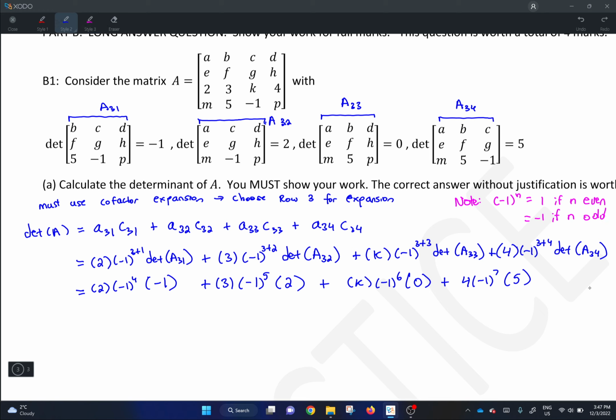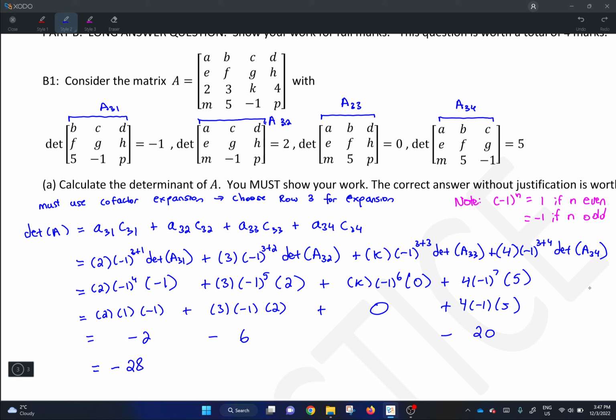So using that fact, we get 2 times 1 times negative 1 plus 3 times negative 1 times 2 plus big 0 plus 4 times negative 1 times 5. So negative 2 minus 6 minus 20. So we get negative 28 as the answer.